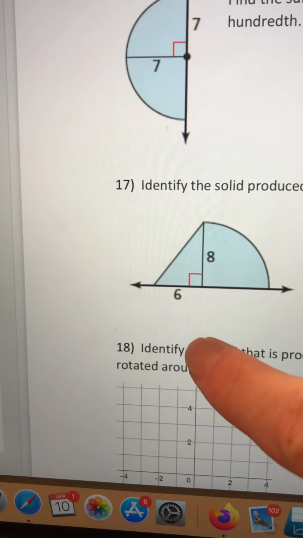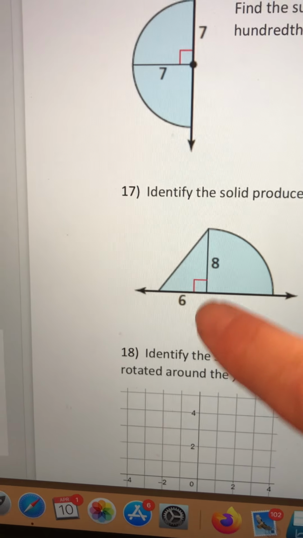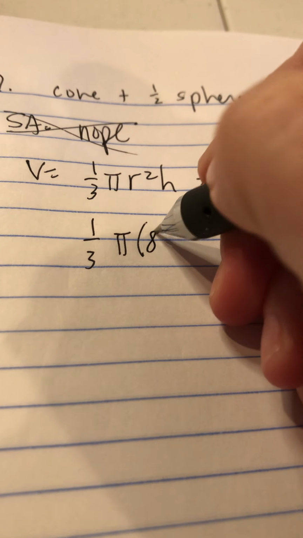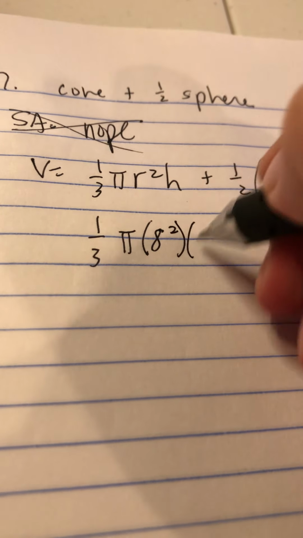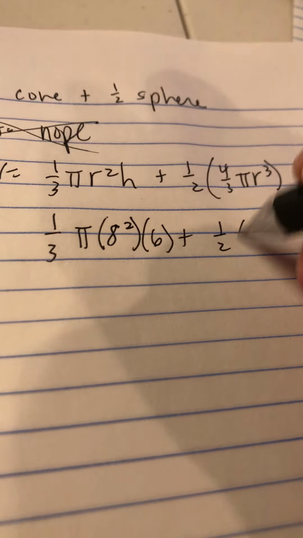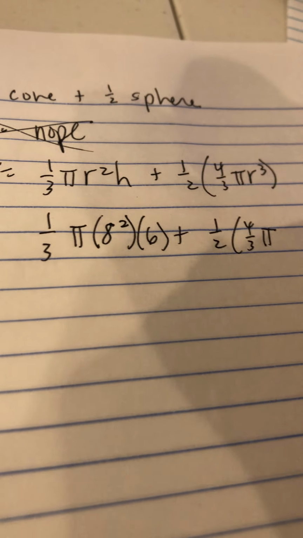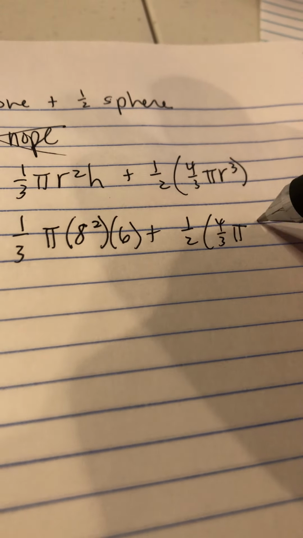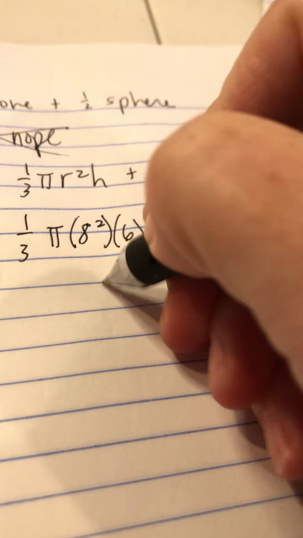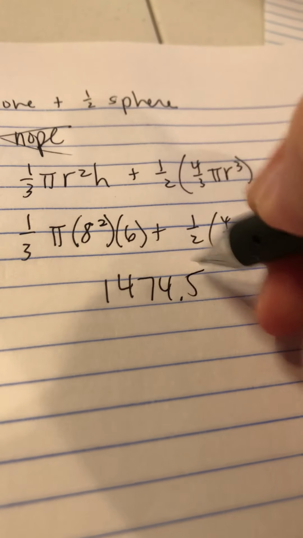Because we're going down this way. So that's the height, and that radius is 8. So my radius is 8 squared. The height is 6, plus 1/2 of 4/3 pi. And then again, my radius is still 8 cubed. And I've got 1,474.5.